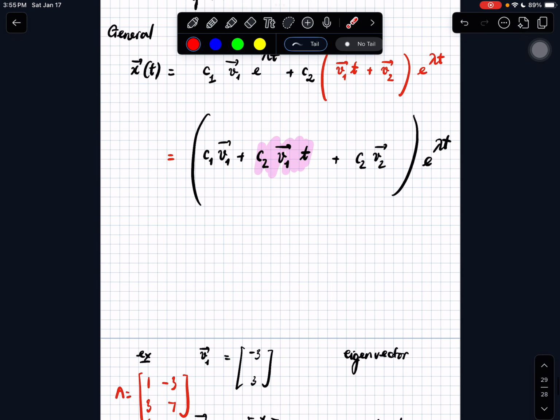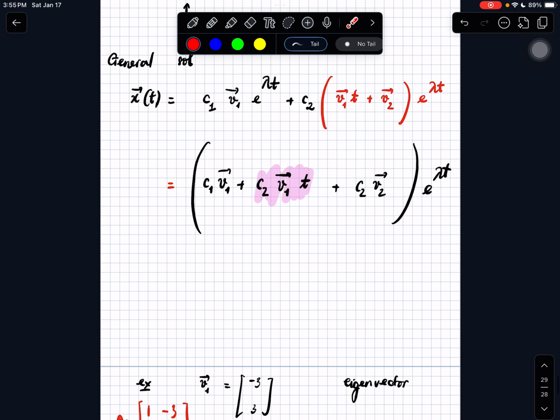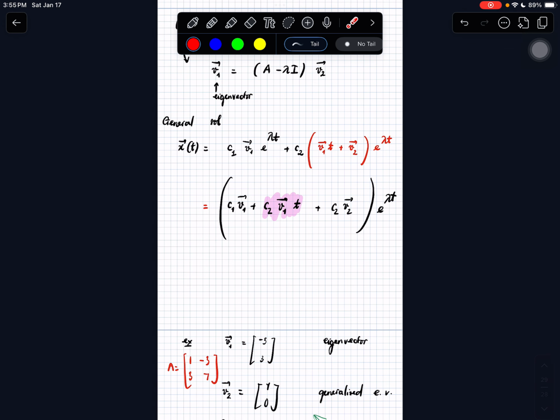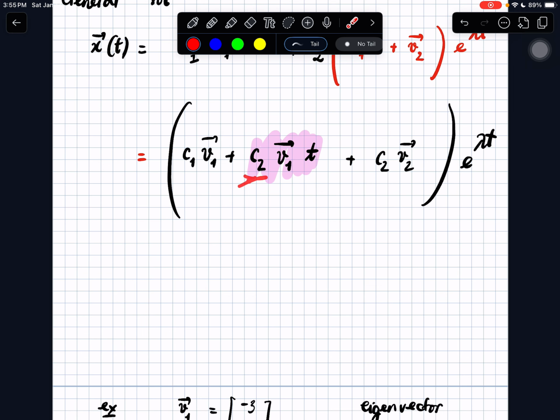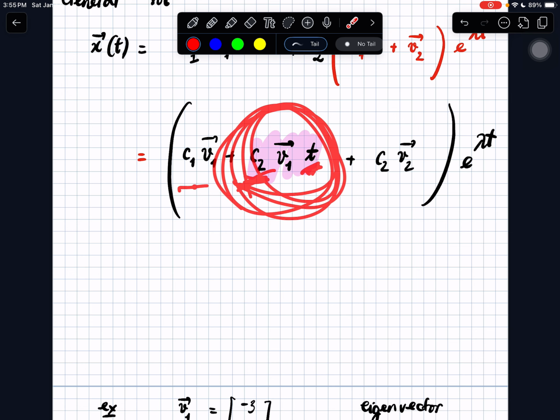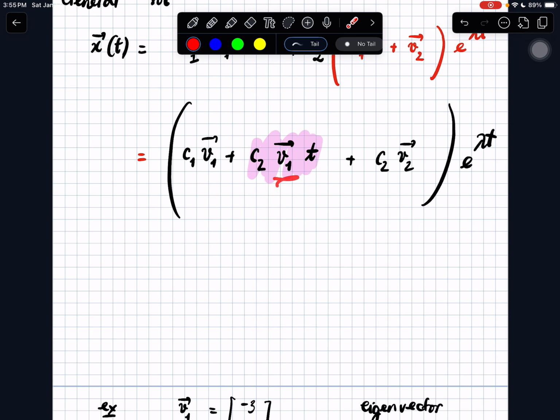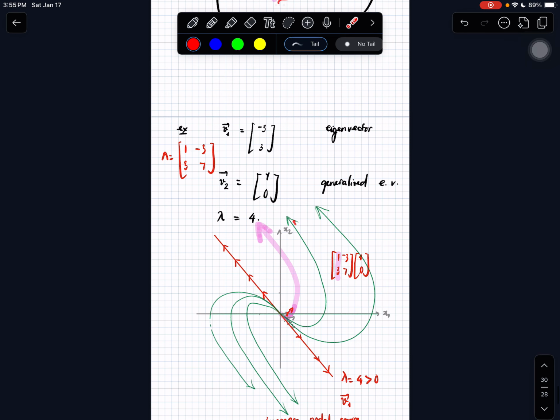If we really want to understand why it's parallel to v1, here's one case. If c1 is bigger than 0 and t tends to infinity, this term tends to infinity. This one is so big compared with the other two without any t. So the dominant one is v1. That's why it's parallel to v1.